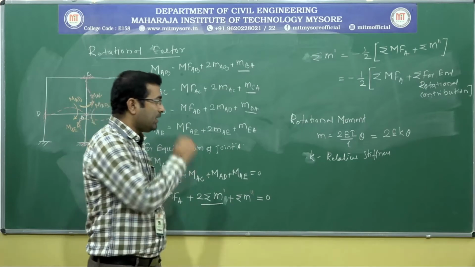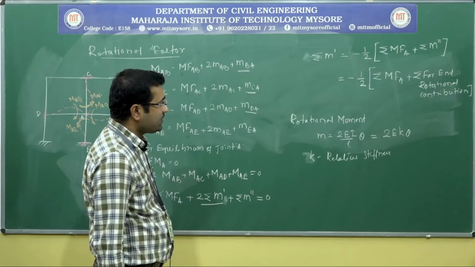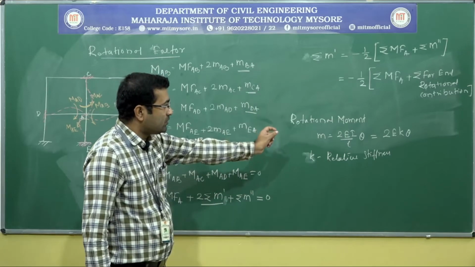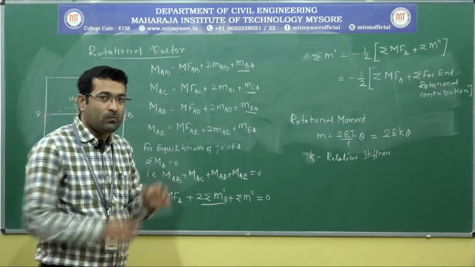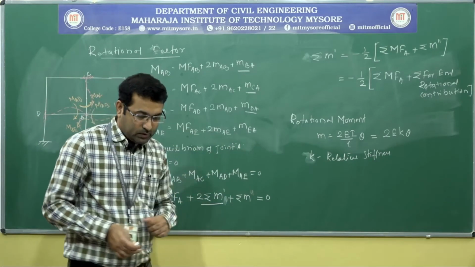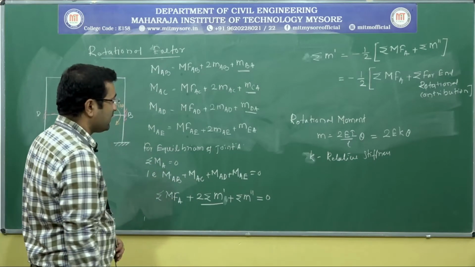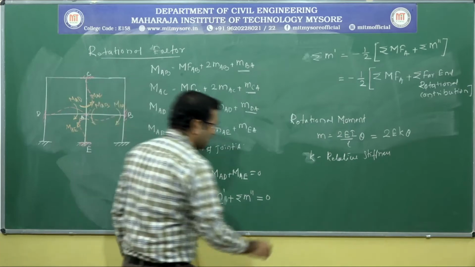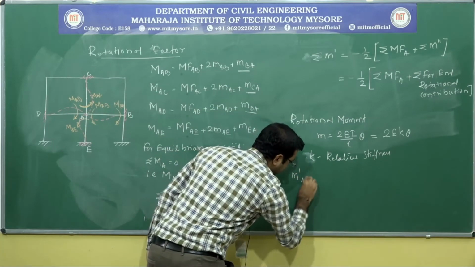Now I want to determine the rotation factors, meaning how much rotation factor has to be contributed to each joint. To do that, I will consider one value, let us say M dash AB.